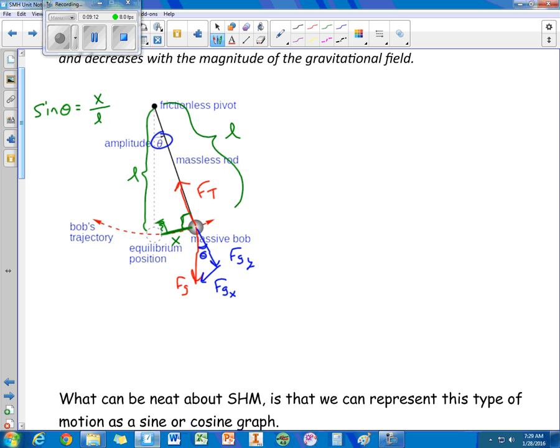But here's something really neat. It's called the small angle approximation. What the small angle approximation says is that theta equals x over L. Now, this is only true for radians, and it's only for angles less than 15 degrees.